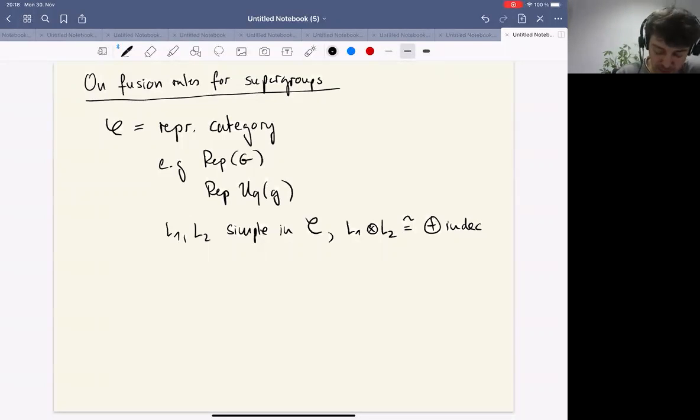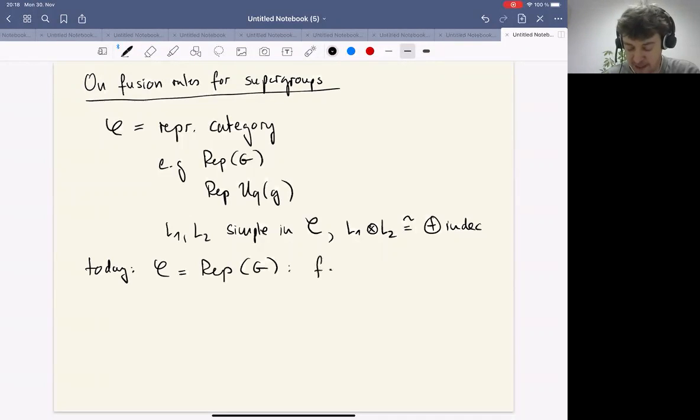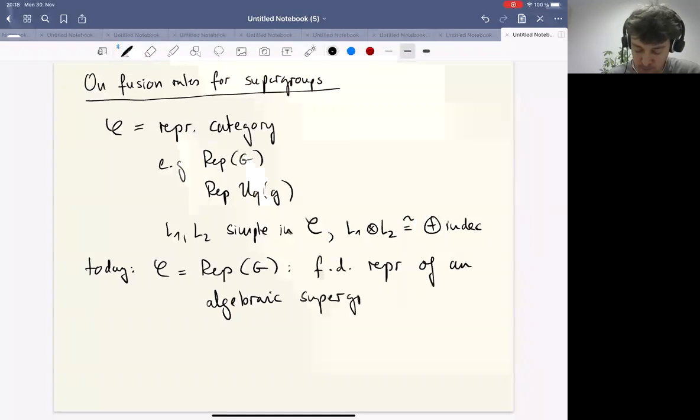So today I want to look at the case when C is equal to Rep G, the finite dimensional representations of an algebraic supergroup in characteristic 0, or simply over the complex numbers.